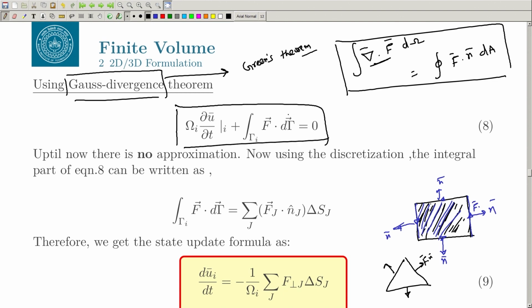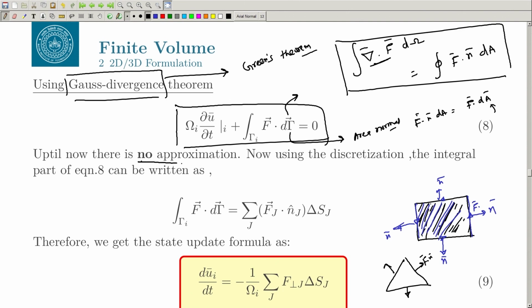Here, of course, this d omega. This is called area normal. So what I have done is taken area as a vector, so your f dot n dA can also be written as f dot dA. What is dA? It is basically an area normal vector, a vector which represents the area in the normal direction.